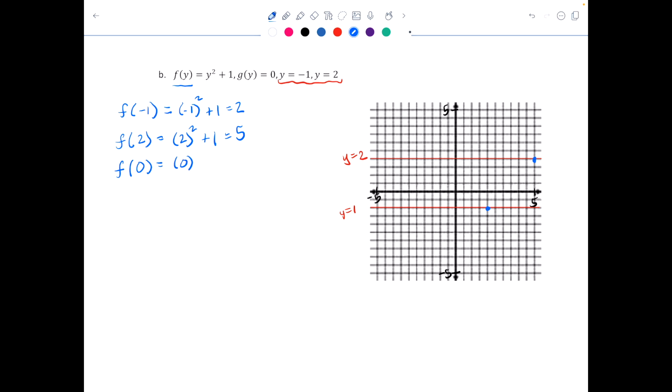So if you plug in 0 for y, you're just going to get 1. So we'd have the point where x would be 1 and y would be 0.